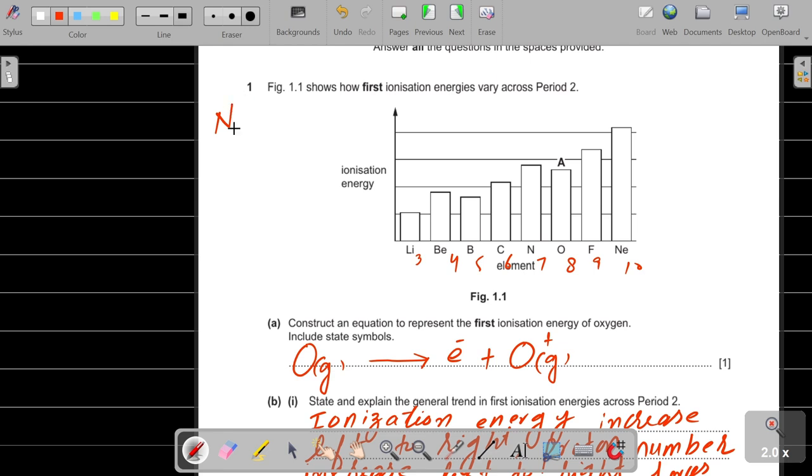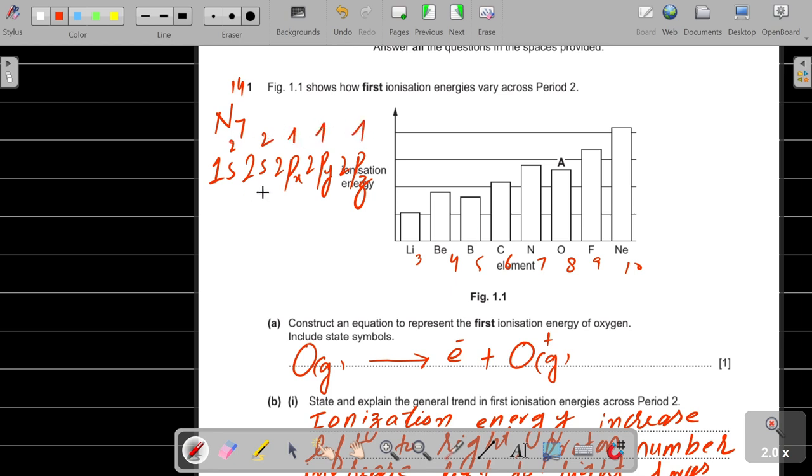The atomic number of nitrogen is 7 and Mr is 14, so there are 7 electrons. So it is 1s2 and 2s2, 2px, 2py, and here we will have 2pz. So there are 7 electrons: 1, 2, 3, 4, 5, 6, and 7 electrons.